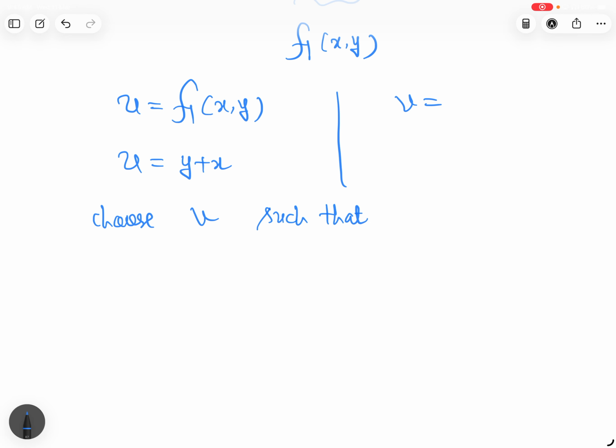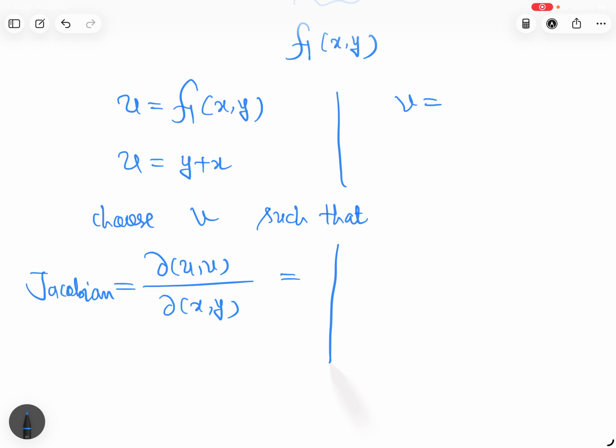the Jacobian, this is called Jacobian. Choose v such that the Jacobian is given this way: del u upon del x, del v upon del x, del u upon del y, del v upon del y.